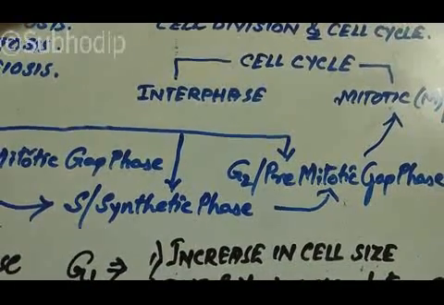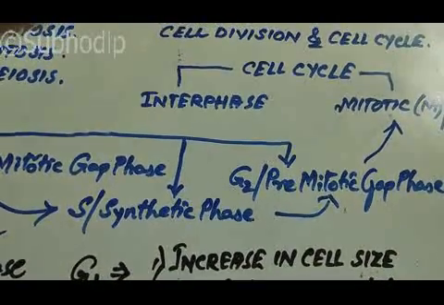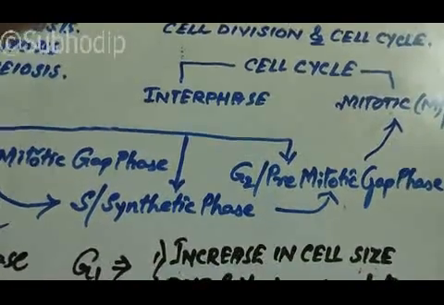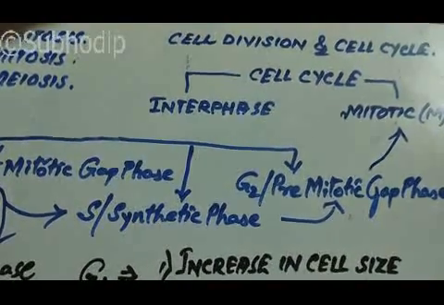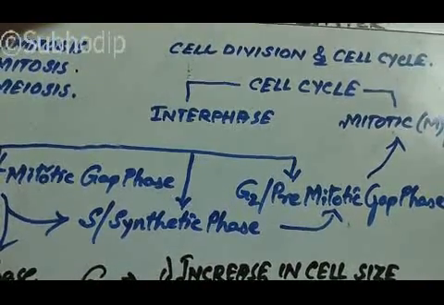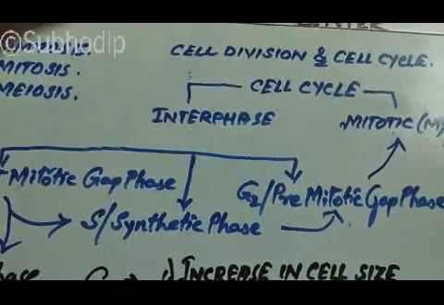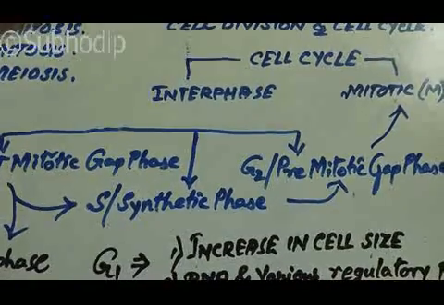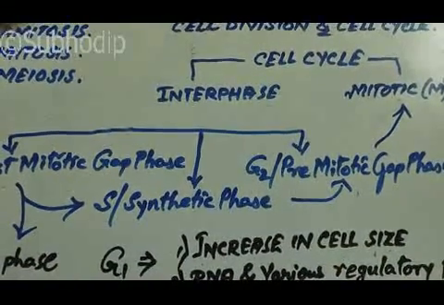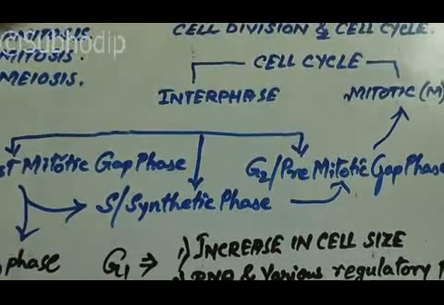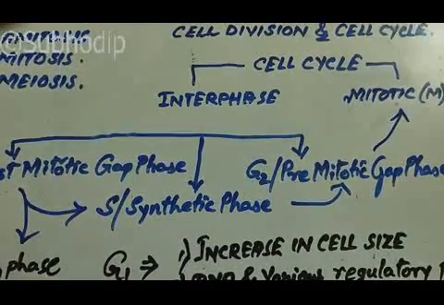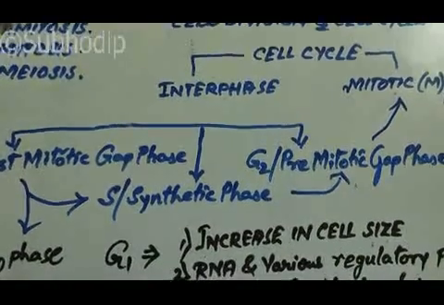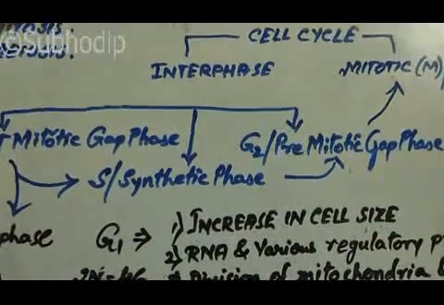Interphase is a stage between two mitotic cycles in a eukaryotic cell during which various physical and chemical changes for the preparation of cell division take place. So, it is sometimes referred to as the resting phase, but actually it is a phase of great importance where very important changes take place within the cells.